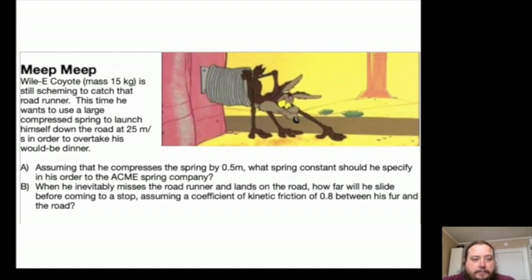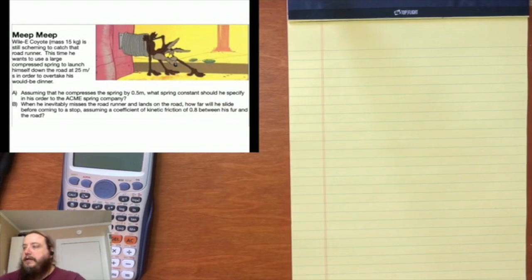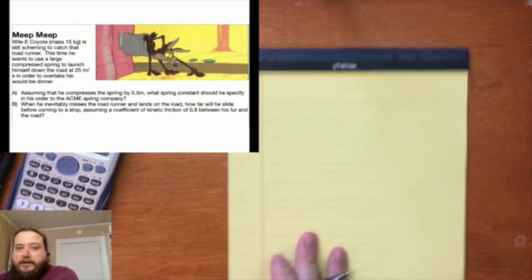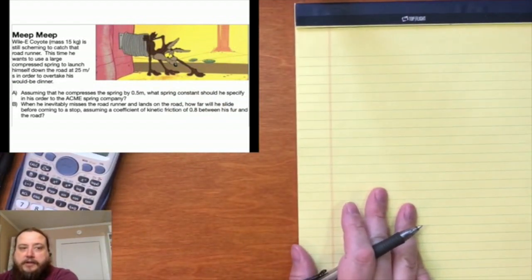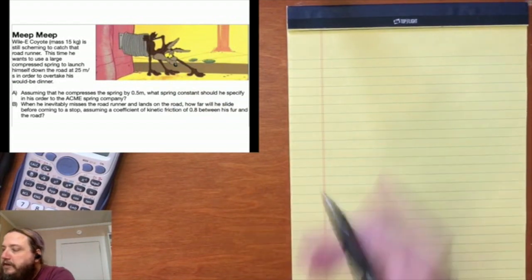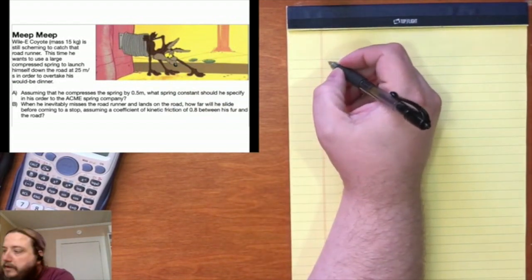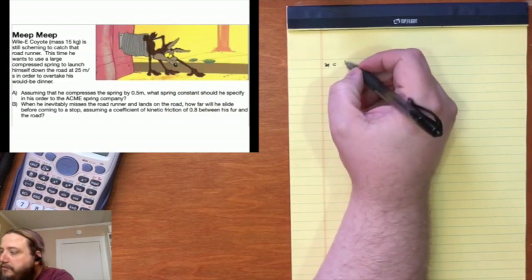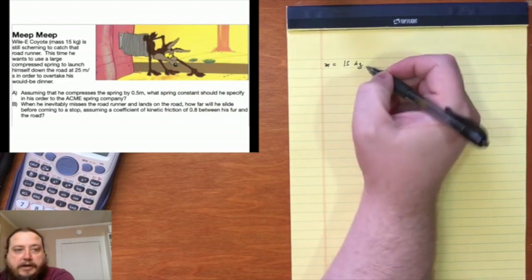All right. Well, let's take this a piece at a time. We're going to start here with just writing down some of the basic information. We have a mass of our moving object here of 15 kilograms.